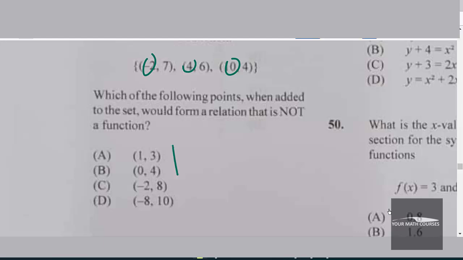So any of these points that has a first value, which is one of these, either -2, 4, or 10 will be the correct choice. So the only one is negative 2, 8. So the correct answer is supposed to be C, option C. If you put any of these points, 1, 3, 0, 4, negative 8, 10, it will still be a function because we will not have any of the first values being repeated.